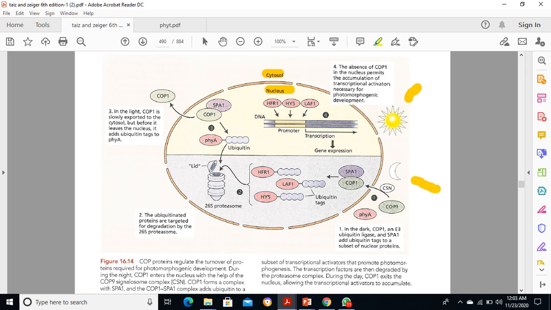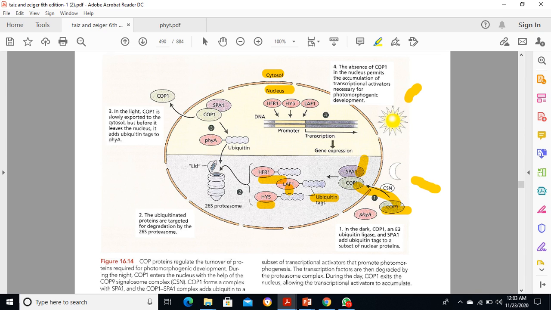So during the dark time, COP1 initially exists in the cytosol. This COP1 is transported into the nucleus with the help of CSN. CSN complex will transport COP1 from cytosol to the nucleus in the dark. So in the nucleus, this COP1 will bind to the SPA1 and they will add ubiquitin tags to the HFR1, LAF1 and HY5. Actually HFR1, LAF1 and HY5 are the photomorphogenic regulating genes.